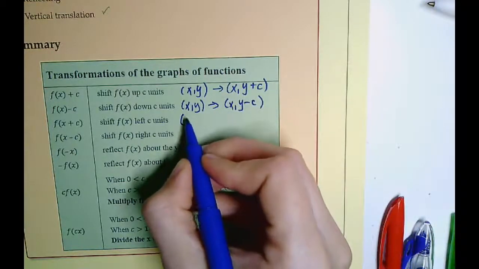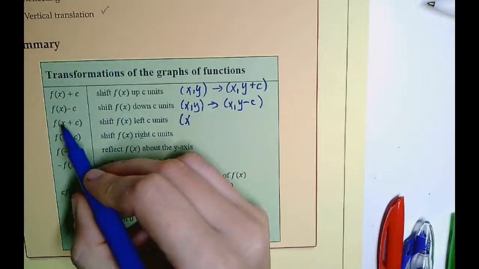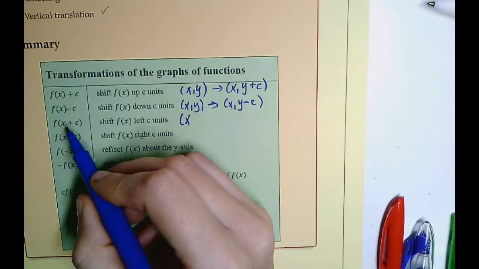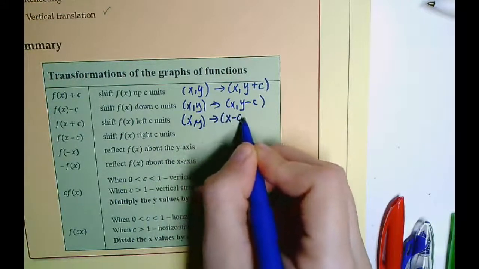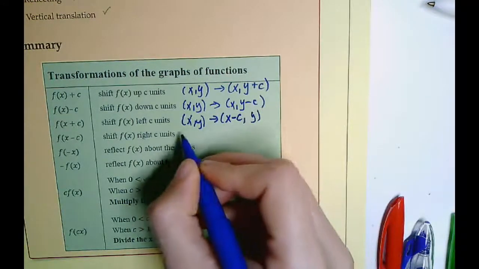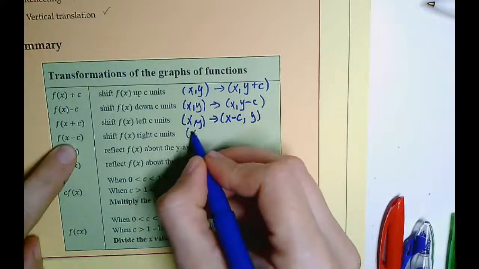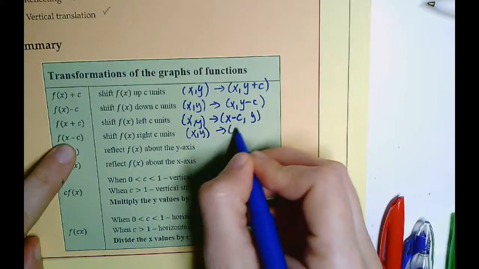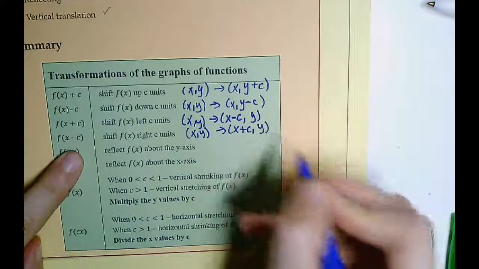If you shifted to the left c units, so if you added x plus c, it's the x that changed by minus c. And then if you subtracted c from the variable, it moved to the right, so you added c to the x coordinate.